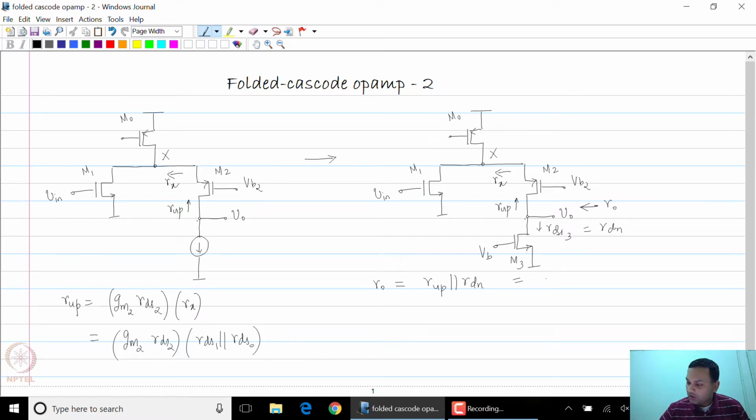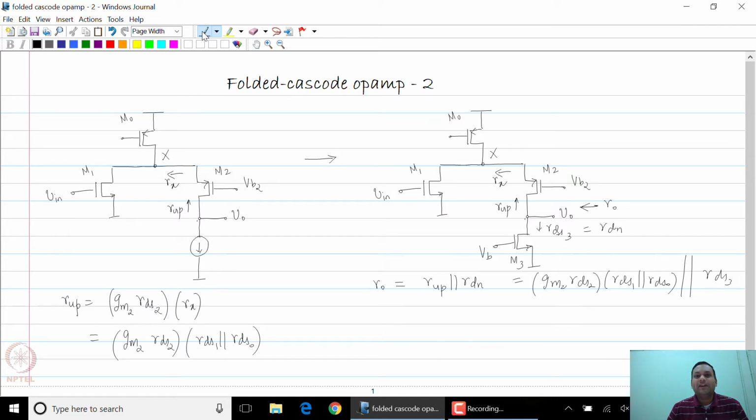This is clearly the parallel combination of gm2 rds2 times (rds1 parallel rds0) in parallel with rds3. Now you can see that the impedance looking upwards is of the order of gm rds squared. It's slightly lower than gm rds squared, whereas the impedance looking downwards is of the order of rds.